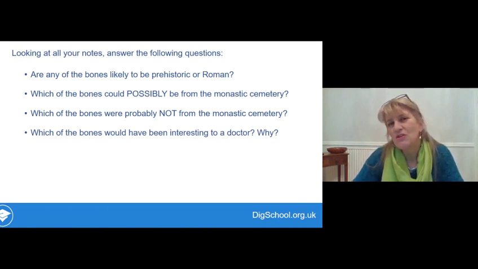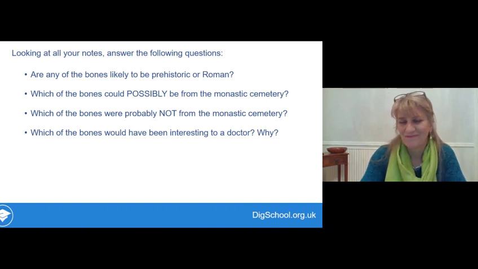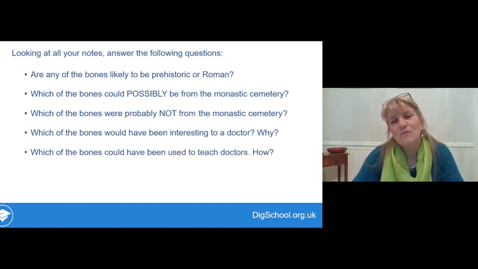Which of the bones do you think would have been interesting to a doctor? Why do you think they would have been interesting to a doctor? And then which of the bones could have been used to teach doctors? And how do you think they could have been used to teach doctors?